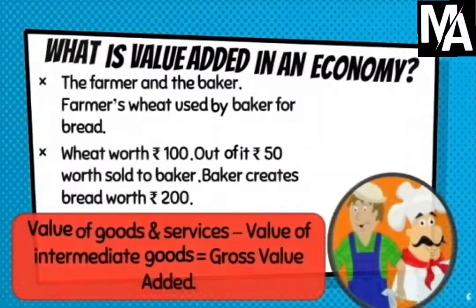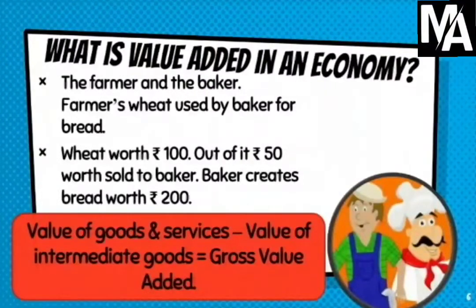So in this method, anything free is not measured, only those things which have value will be measured. To give more clarity, let me try to explain this concept with the help of an example. We have a farmer and a baker in an economy. Now, a farmer produces wheat, and the farmer's wheat is used by the baker to produce bread. Let's assume that a farmer produces wheat worth rupees 100, and out of it, he sells 50 rupees worth of wheat to the baker.